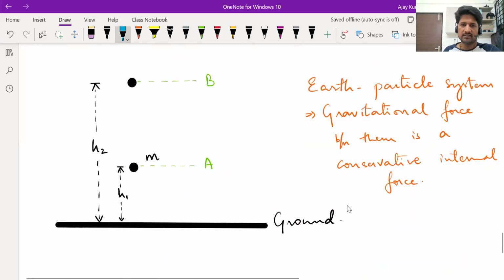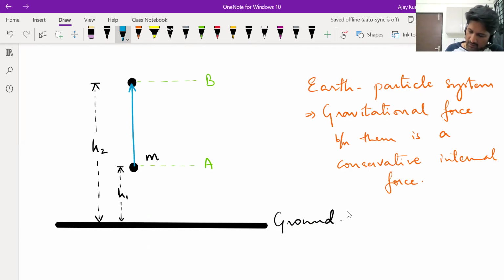Now, for the Earth-mass system, the conservative force acting within the system is gravity. So we have to find out work done by gravity in this process to get an expression for change in potential energy. And work done by gravity is not a big deal.